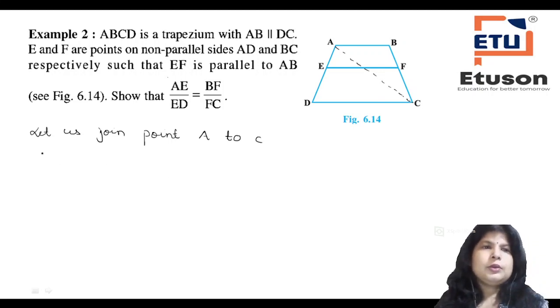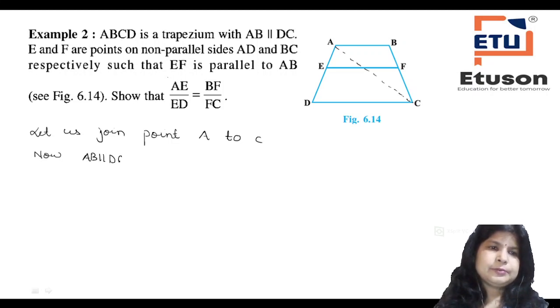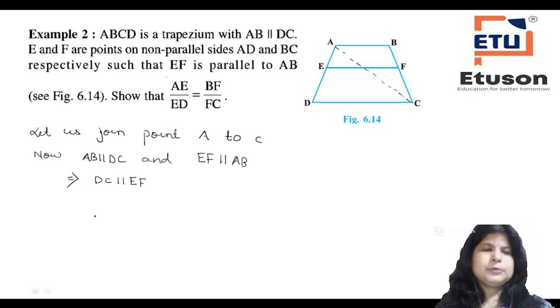Now AB is parallel to DC and EF is parallel to AB. Correct? So it implies your line DC will be parallel to EF.